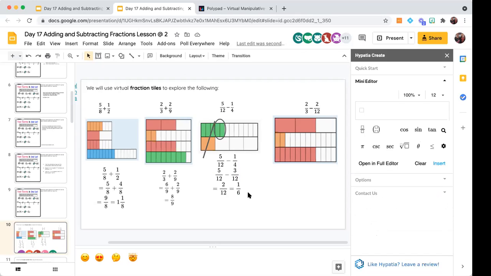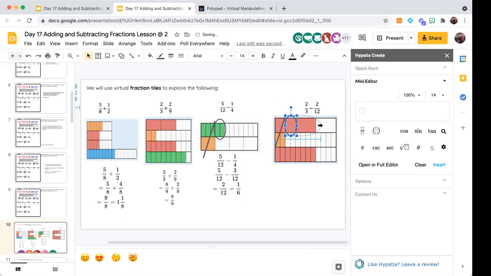All right, one more. We've got 2/3 minus 2/12. So I've got 2/3 of my whole on the top, and I've got 2/12 on the bottom, or the middle, excuse me. And yes, I could certainly take away that 2/12 on the top here, but what is this leftover? How much is that?